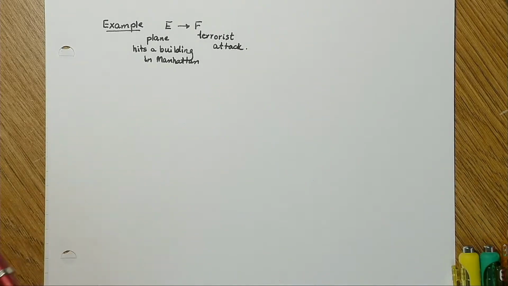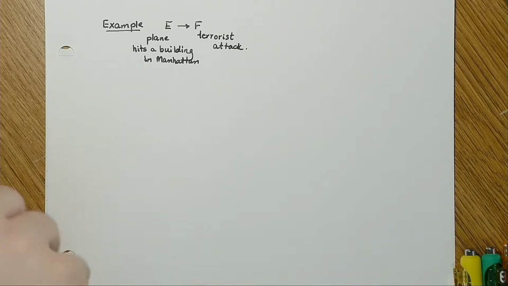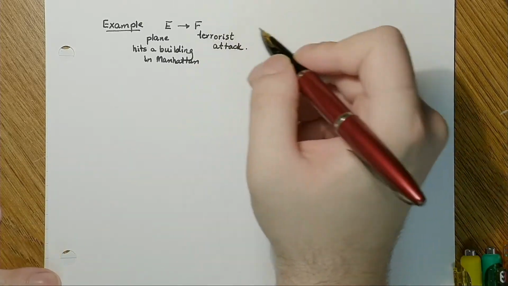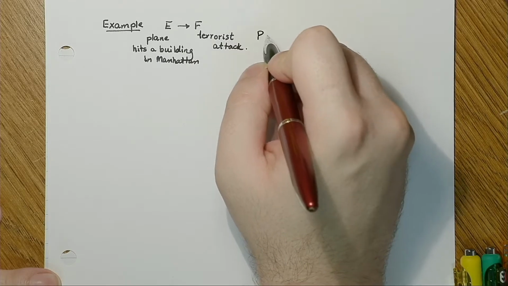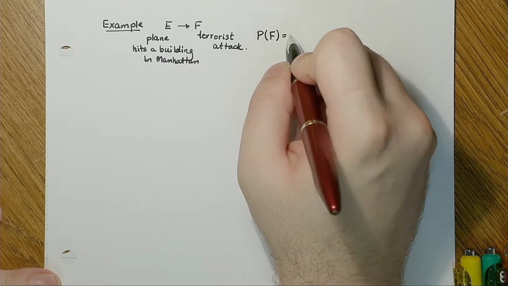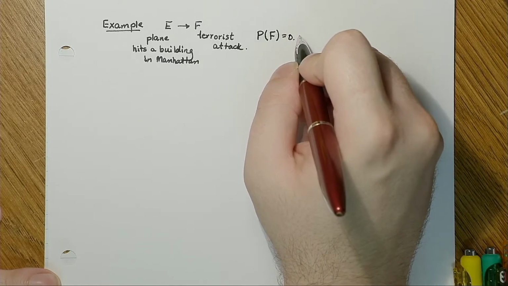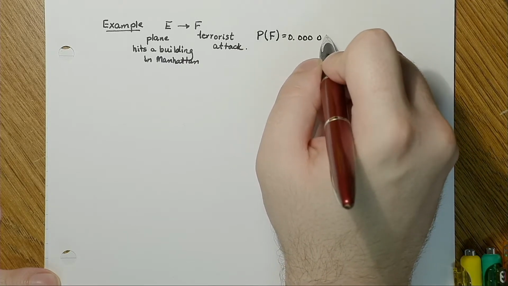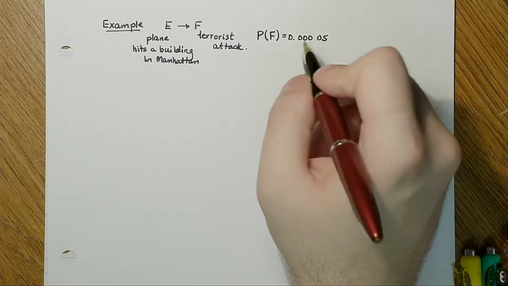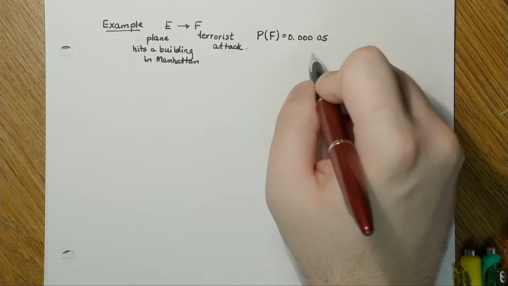Okay, so as we start with this, what we'll say is that we would expect the probability of this being an attack to be quite low. So we'll say that kind of on a given day, it's quite low. We'll say 0.0005, so less than 1%. So this is low.